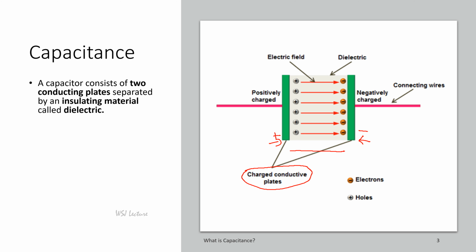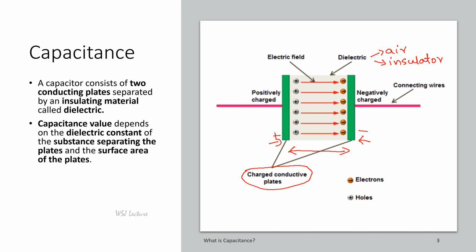The gap between these two conducting plates is filled with dielectric. So the dielectric can be air or any type of insulator. The positive plate is connected to the positive lead of the capacitor and the negative plate is connected to the negative lead of the capacitor.